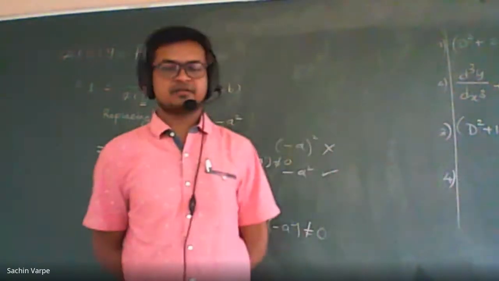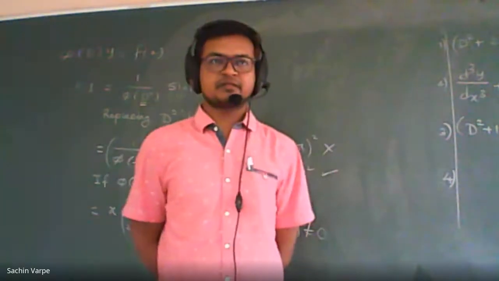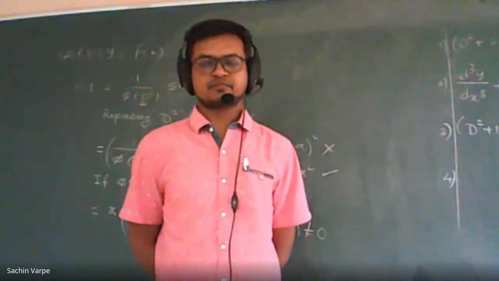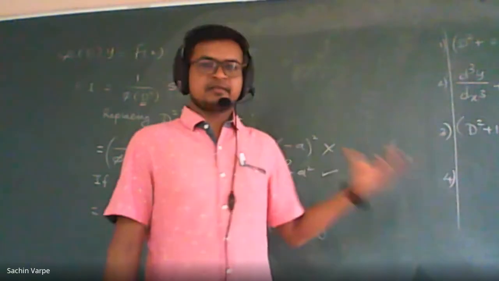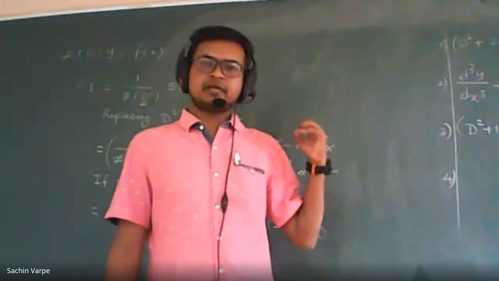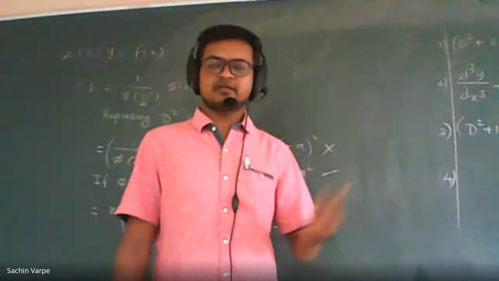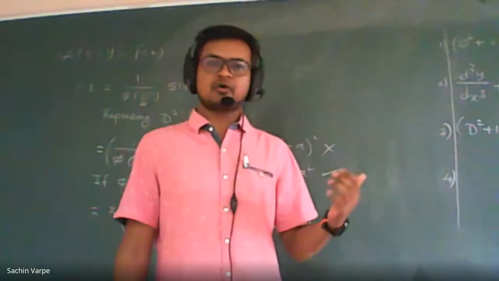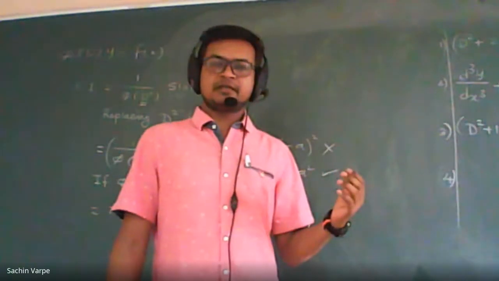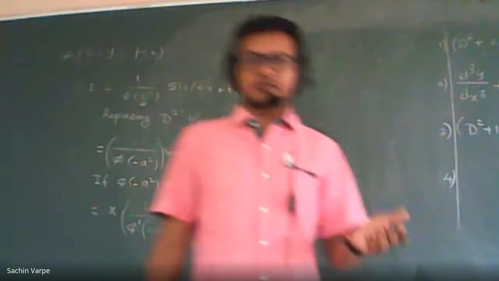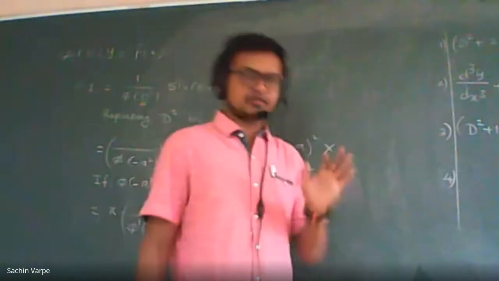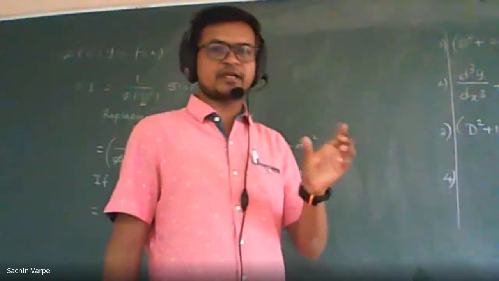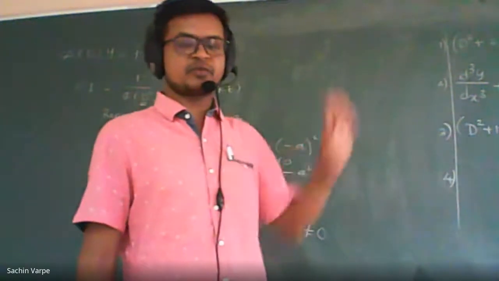Linear means that f of x should not be sine square, sine cube, and so on, or cos square, cos cube, and so on, or sine x into sine 2x like this, or sine x into cos 3x like this. Product of sine and cos, or product of sine and sine. There should not be terms like this.